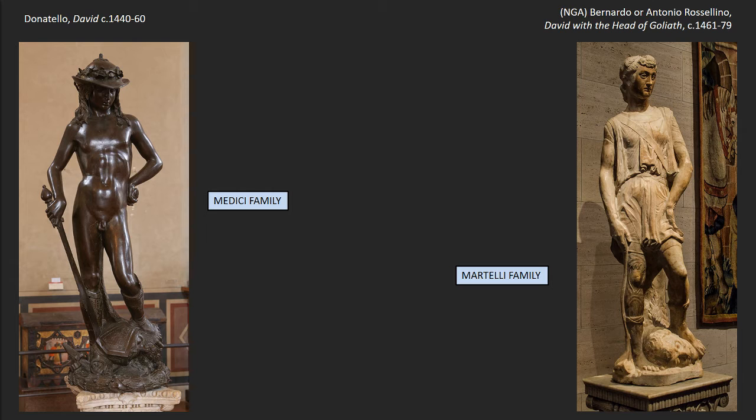Still with his foot directly on Goliath's head, clothed but without the helmet, maybe without some of the wonderful sensitivity and interest in touch, palpability that Donatello has.